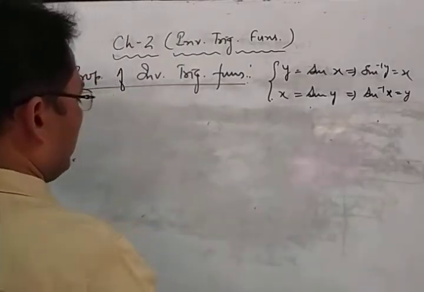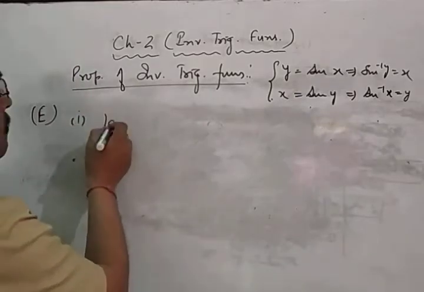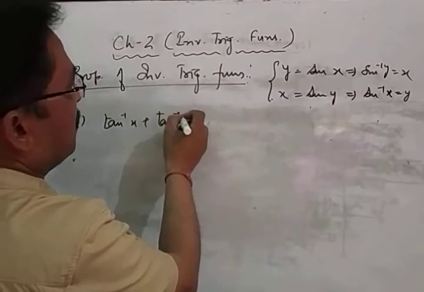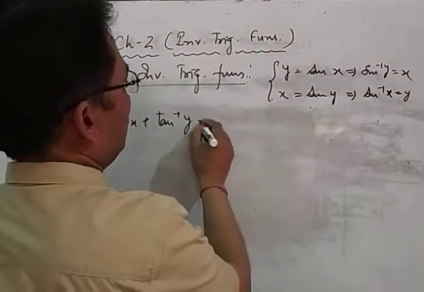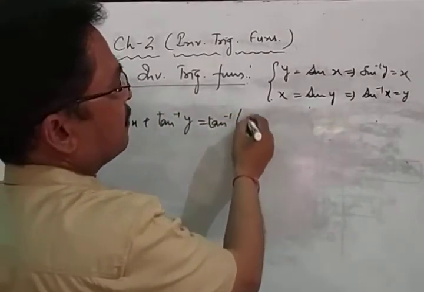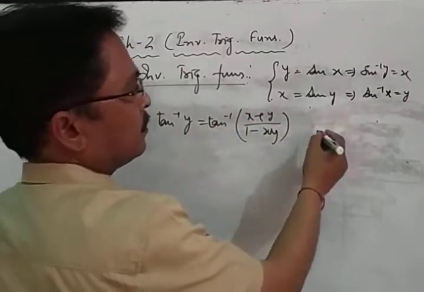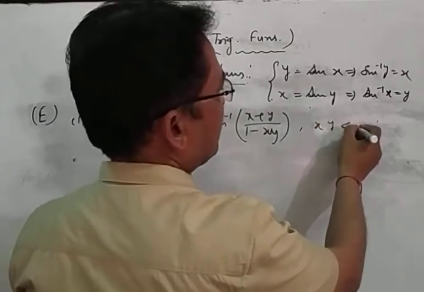The first property, tan inverse x plus tan inverse y is equal to tan inverse x plus y upon 1 minus xy when xy is less than 1.